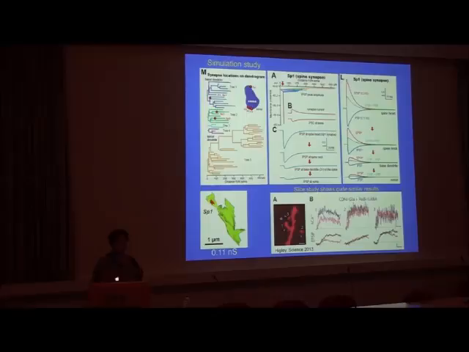And then actually Higuchi showed a very nice paper in Science 2 years ago using the double uncaging method, with uncaged glutamate and Ruby-GABA, which is also uncaging GABA.